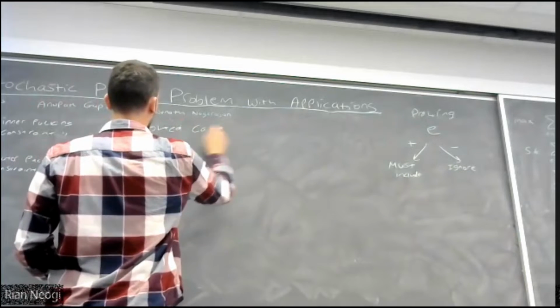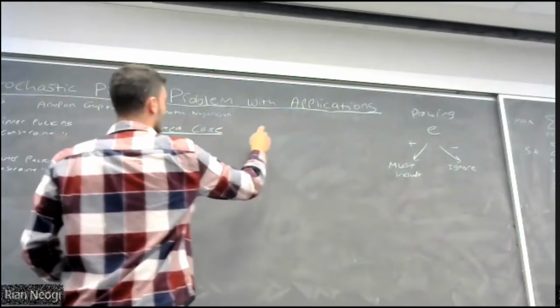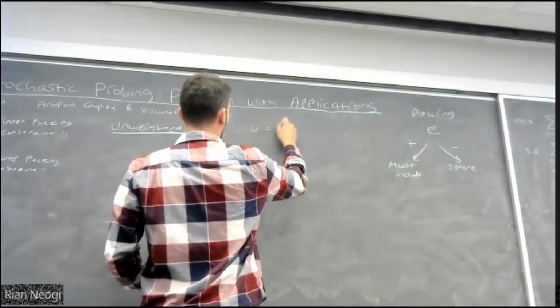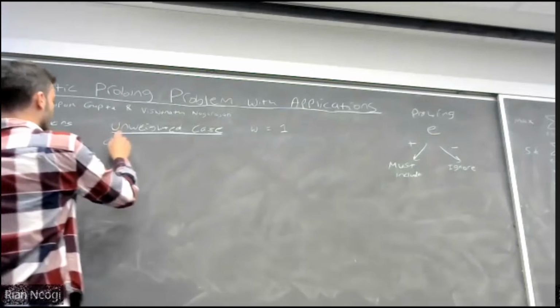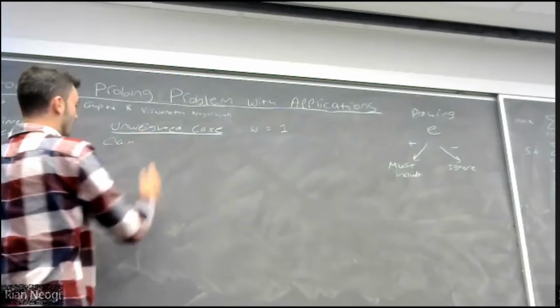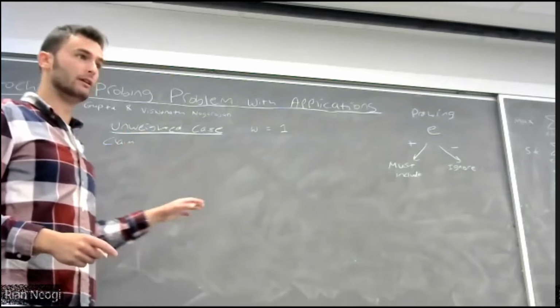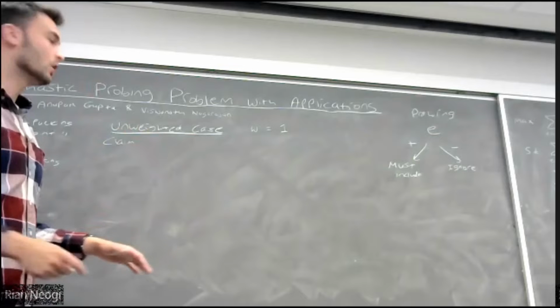So all of the weights are just one. And then the claim is that if we apply the greedy algorithm to this setup, we get a k plus k prime approximation under these assumptions.